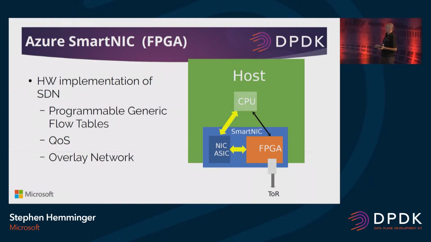And that acts as a bump in the wire in front of a NIC, which we use as a virtual switch. And we use the 40 gig Mellanox today as the switch. So packets come in from the top of rack, go through the FPGA, go into the NIC, and then get fanned out to the guests.